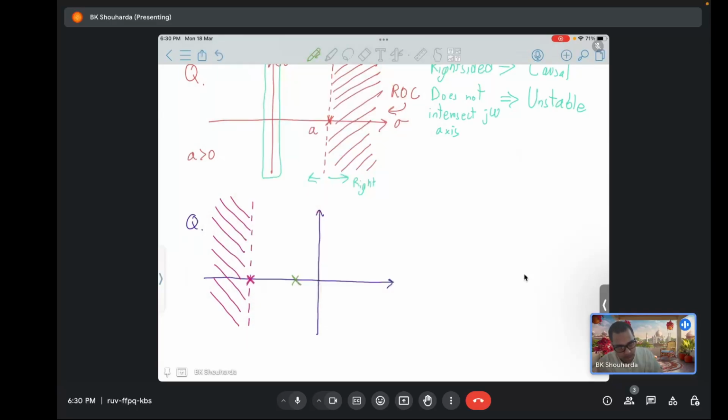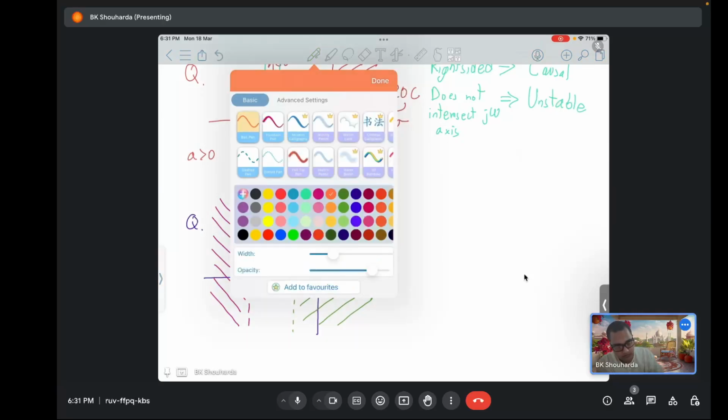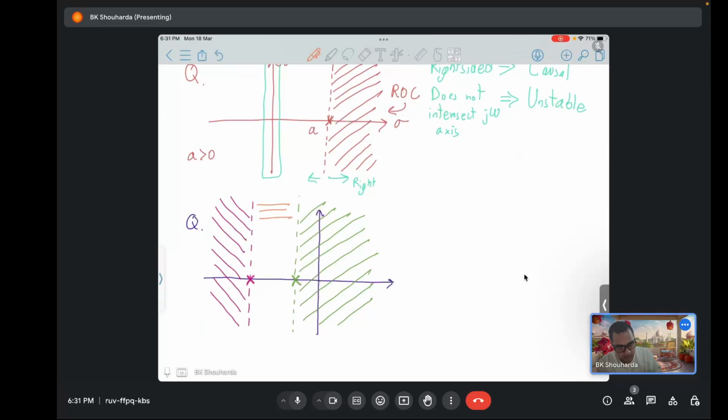This is another pole and another ROC, and here you have got the second ROC. This is ROC1, ROC2, ROC3. So 3 ROCs are there.